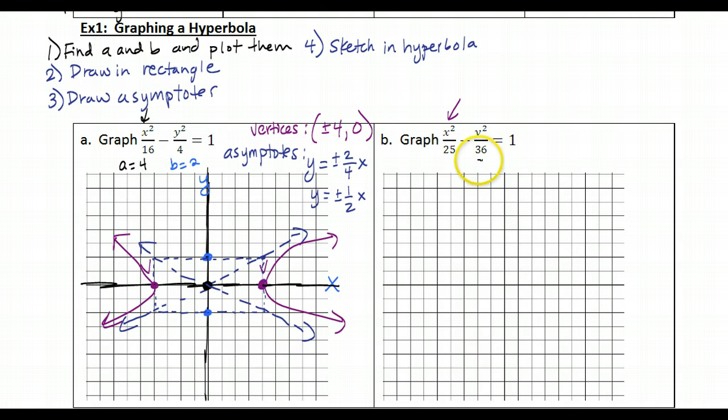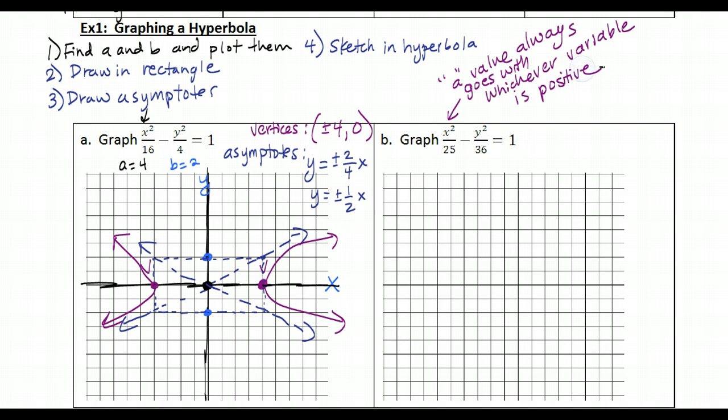That is not the case with hyperbolas. The a value always goes with whichever variable is positive. Doesn't matter which number is bigger or smaller. So the a value always goes with whichever variable is positive, even if it is a smaller number there.